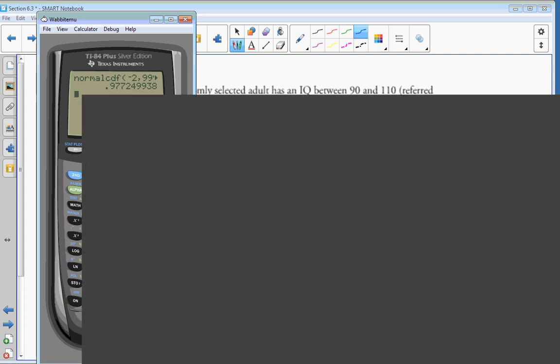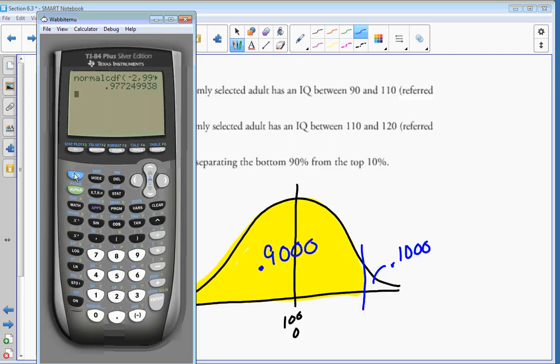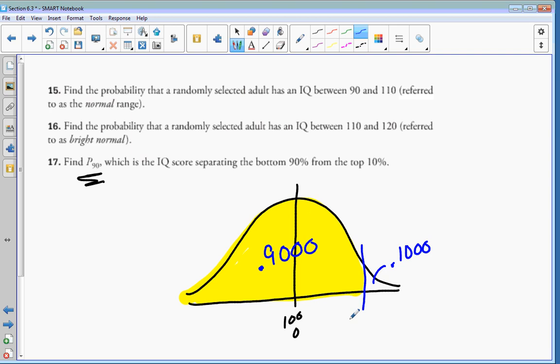And now this time, remember, I have area and I want z, so I'm going to go to second distribution, and I'm going to go to inverse norm. The area is 0.9000, coming all the way down and hit paste. That means my z-score is 1.28. Remember, round z-scores to 2 decimal places.